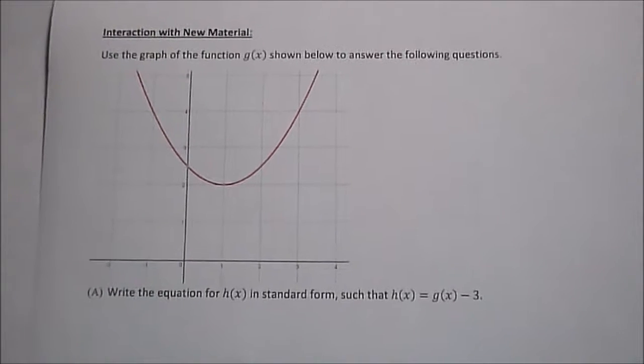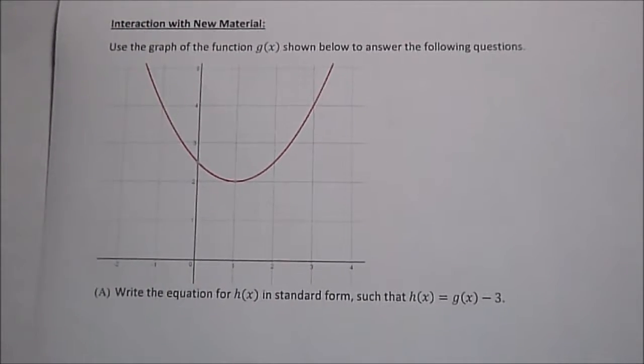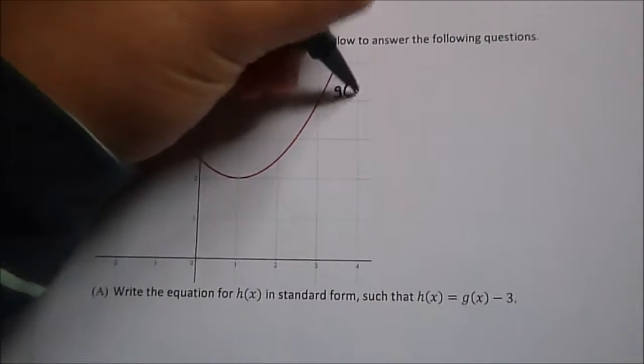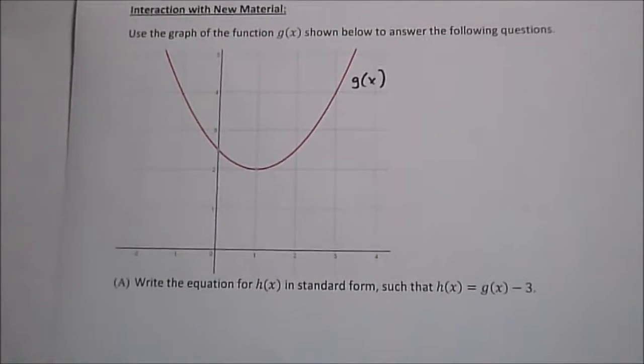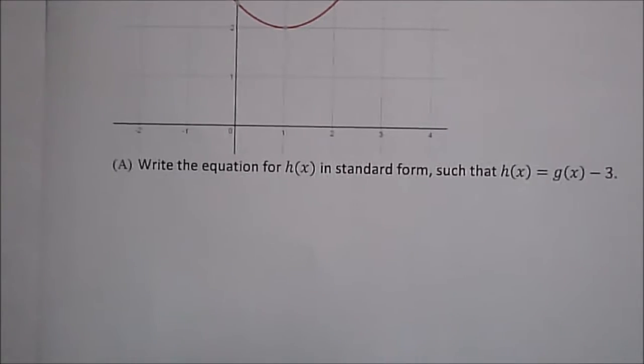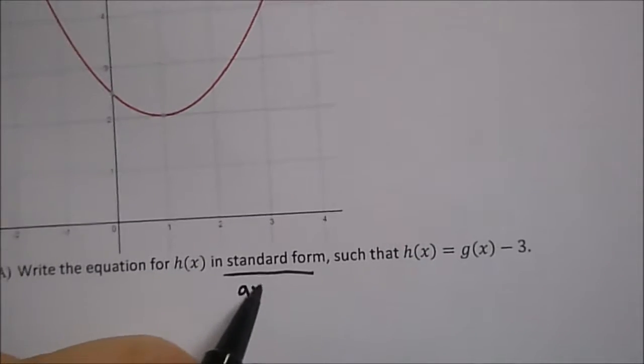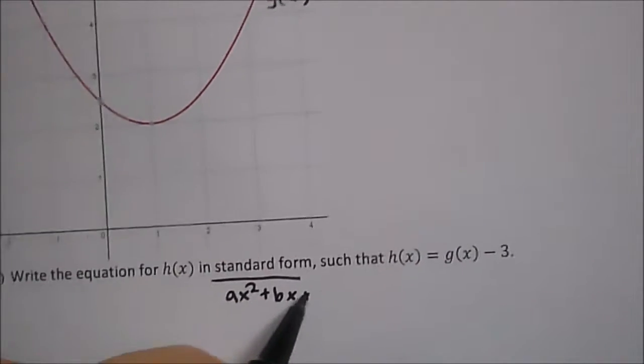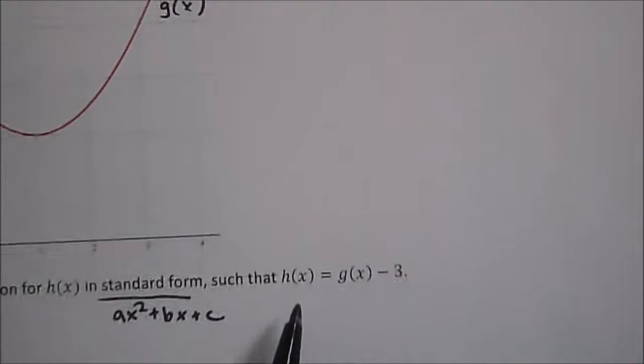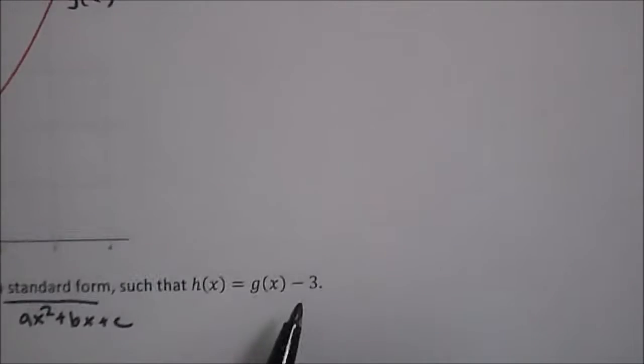Let's head over to the I&M now. We have the graph of the function g of x shown here, and we would like to write the equation for h of x in standard form, so ax squared plus bx plus c, such that h of x is equal to g of x minus 3.